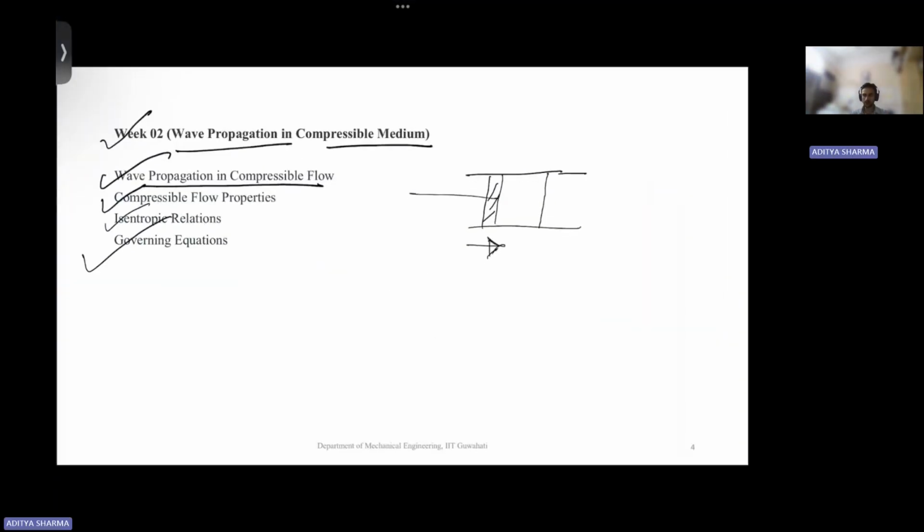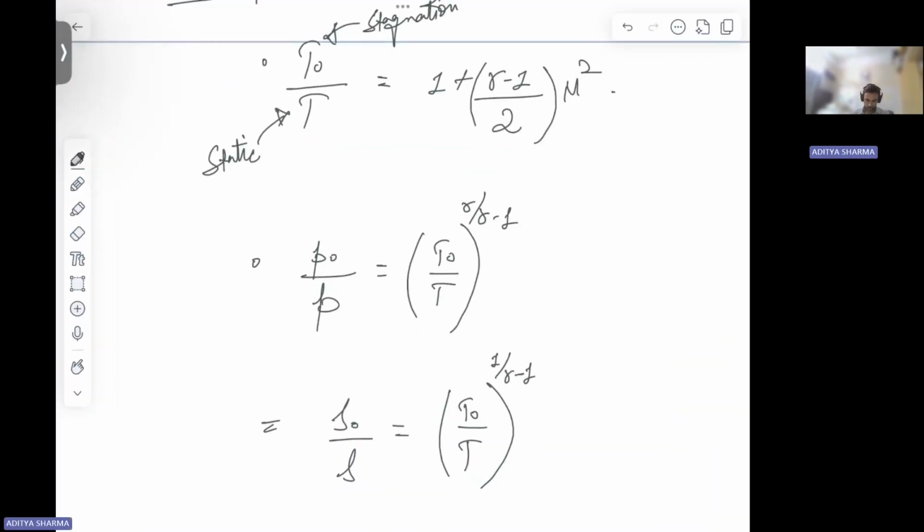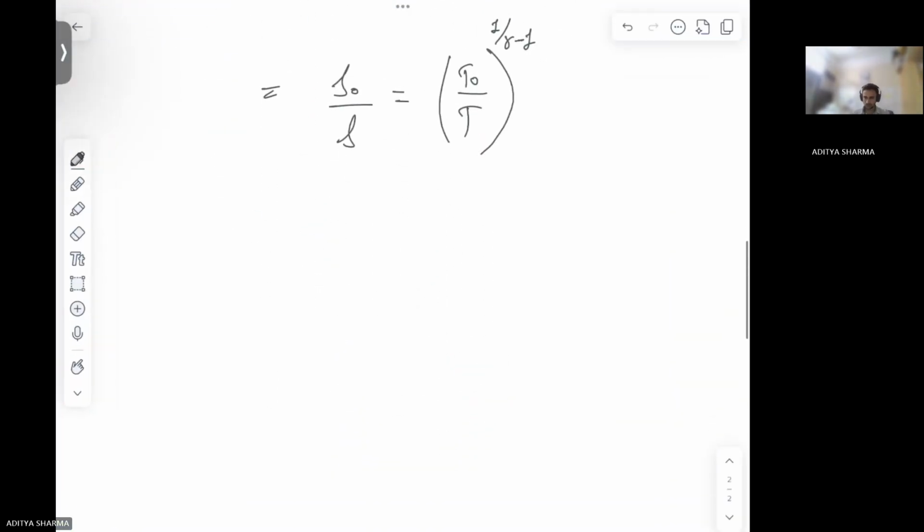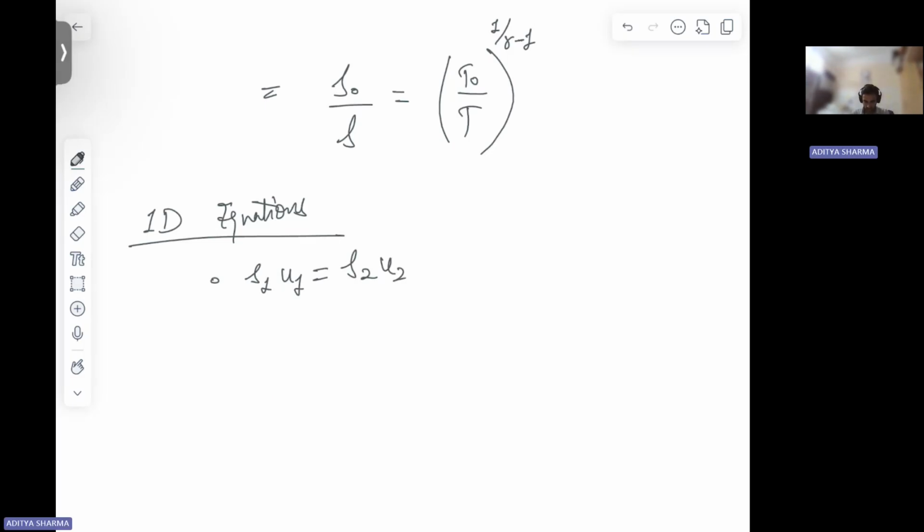Then governing equations are there. So 1D equations. First is your continuity equation. So this is written this way.